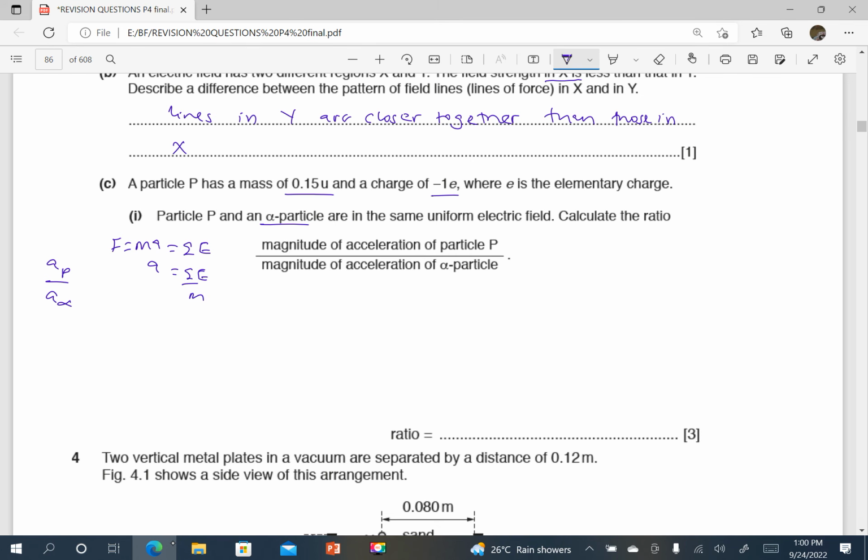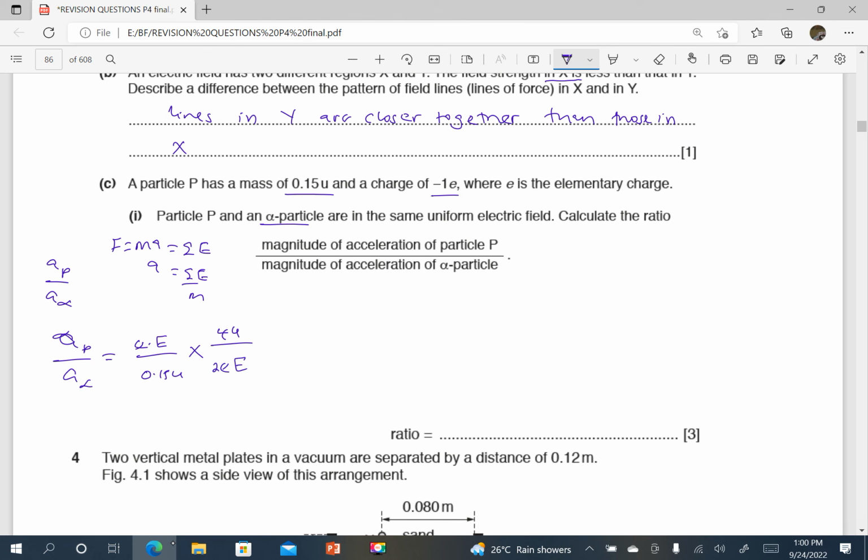So for an alpha particle, acceleration of P divided by acceleration of alpha is equal to, for P, the charge of P, which is E. Electric field strength is the same. The mass of P is 0.15 U divided by, I get the reciprocal, for alpha, the mass is 4U divided by the charge of alpha, which is twice E, times the electric field strength.